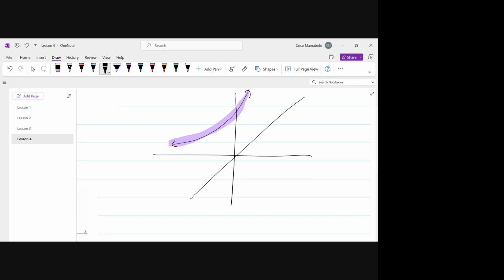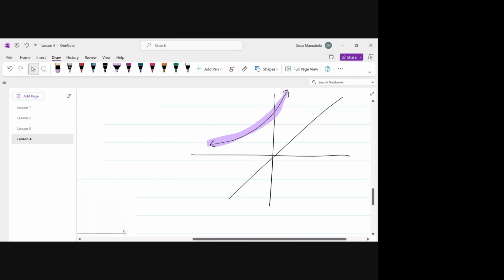It looks exponential, except the teacher finished the sum by writing here: the function f of x is equal to negative 2 over x minus 2, plus 1, where x is greater than negative 2.